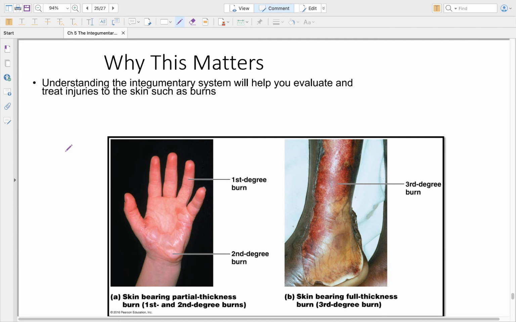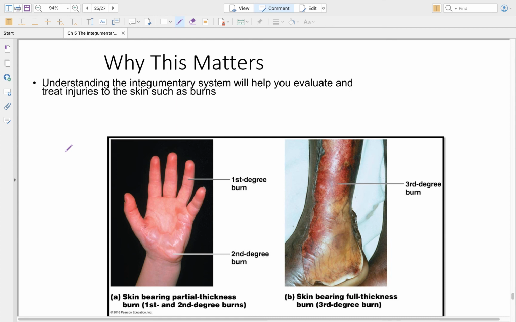So why does this whole chapter matter? Why do you need to know the integumentary system? Well, one reason is that you need to understand burns. When you get to your field in nursing or PA or medical, either way, you might work in a trauma unit.